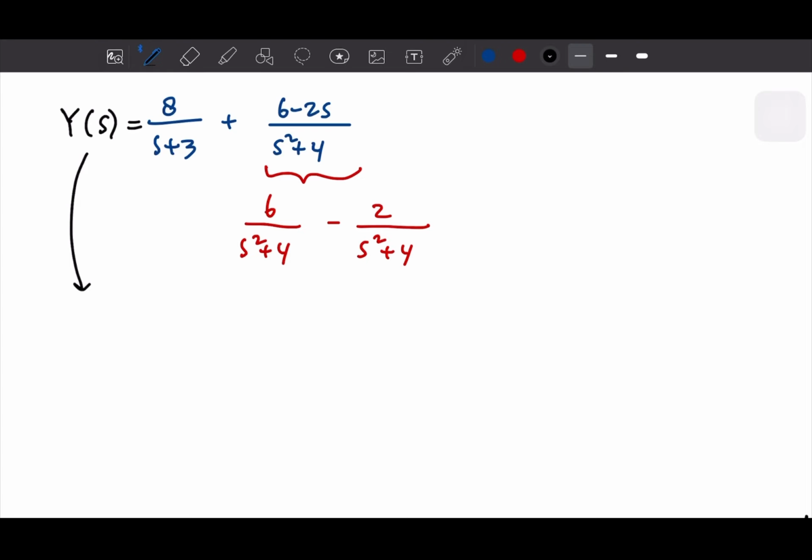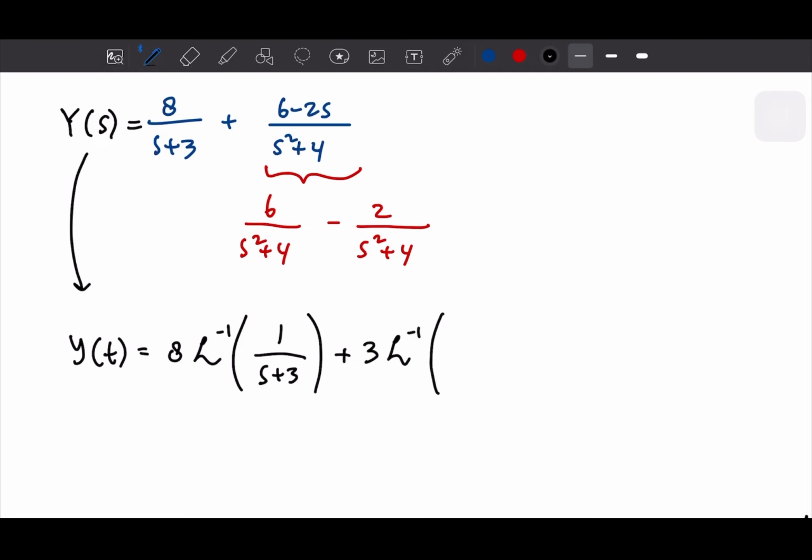So Laplace inverse, so this becomes small y(t), and then this will be 8 Laplace inverse of 1 over s plus 3. And then plus 3 Laplace inverse of 2 over s squared plus 4 to make it into the sine and cosine, right? So this is sine, and minus 2. Oh, I forgot the s.